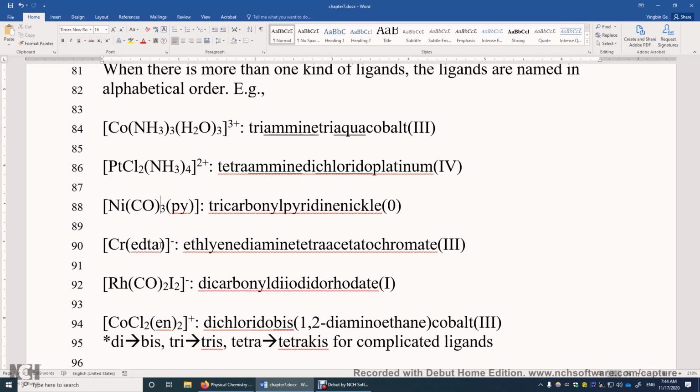Each nitrogen is bonded to 2 acetate, so in this case, it's going to be CH2COO minus. Each nitrogen is bonded to 2 of this CH2COO minus. And now in the end, it's not chromium, it's chromate, because this transition metal complex bears a negative charge.